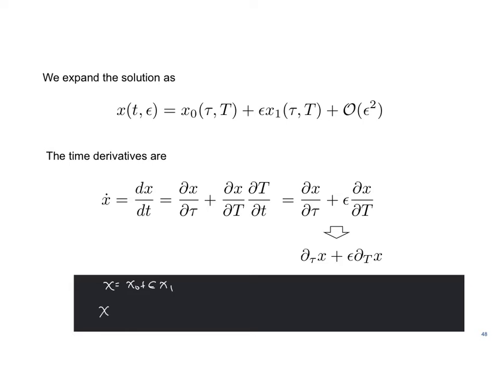Then x dot here is equal to the tau x naught plus epsilon d capital T x naught, and now we go to x1, so epsilon d tau x1 plus epsilon squared d capital T x1, and we just keep these terms, and the second order term in epsilon we just discard.